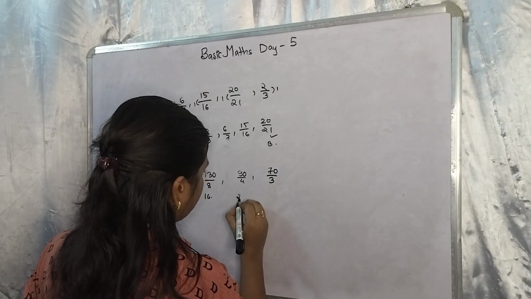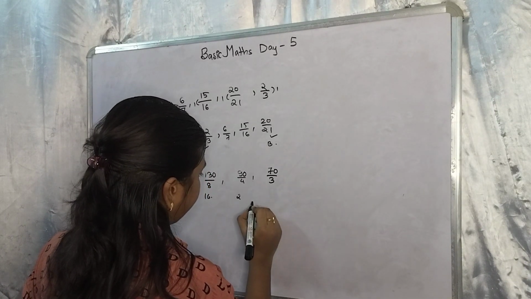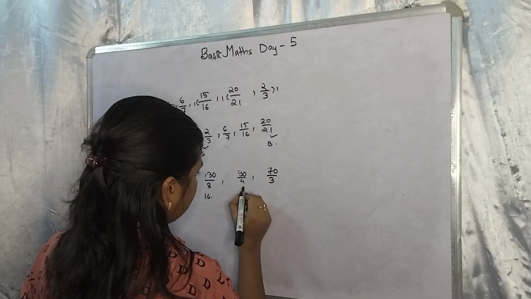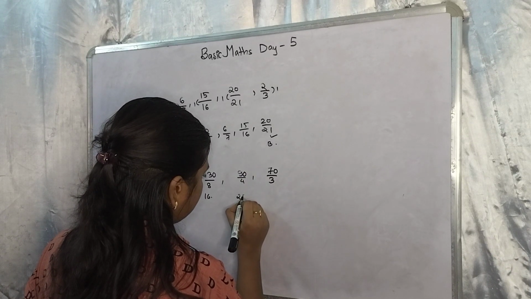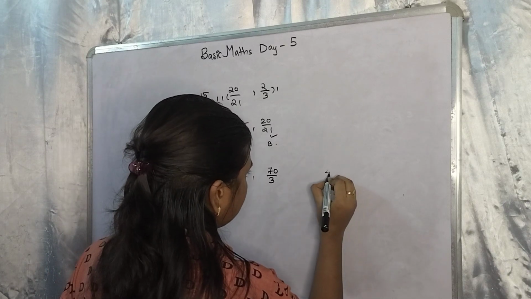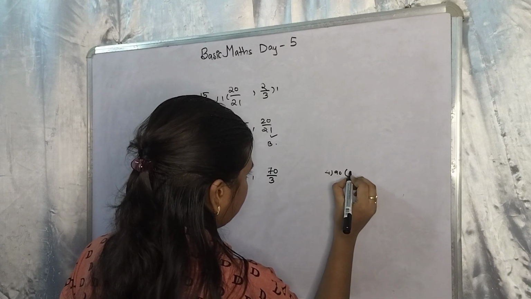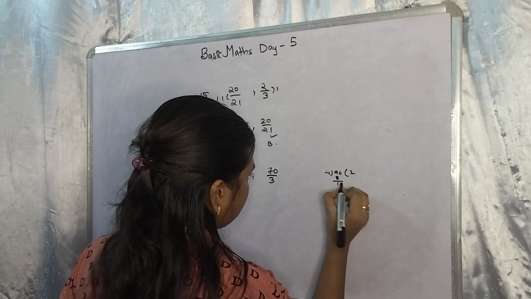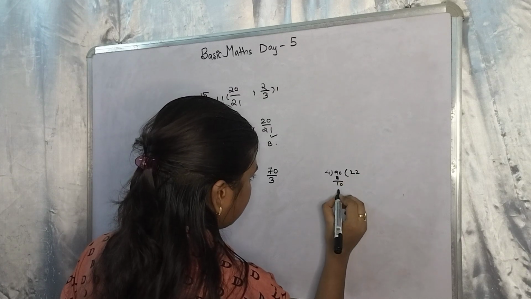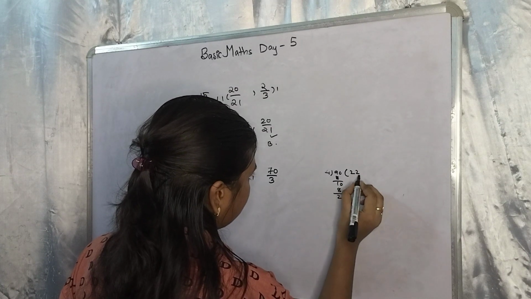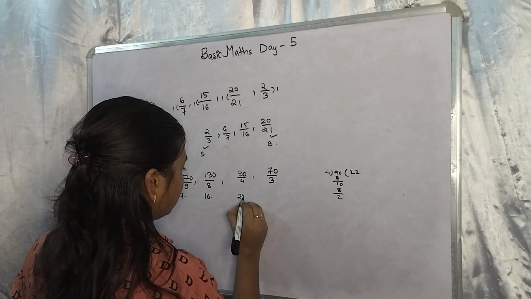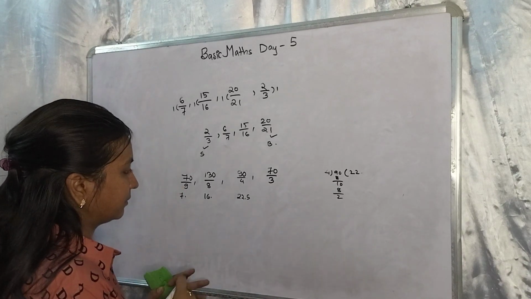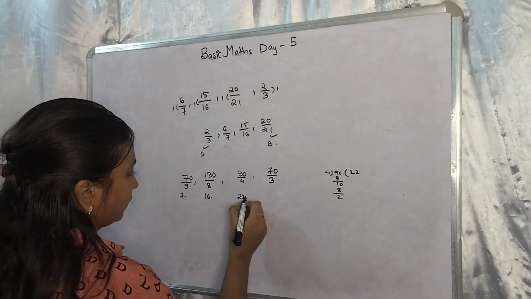So it will be 22.5 or something, 22. We don't have to even divide it till here. And here it is 7, 1, 7, 7, 2, 1, 3, 3, 2, 6. So here you will only divide it till here, and after doing this you will get to know that this is your smallest and this is your biggest.